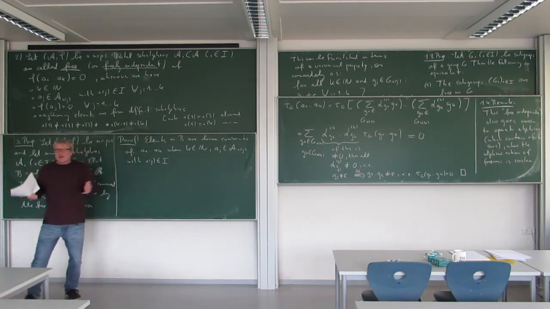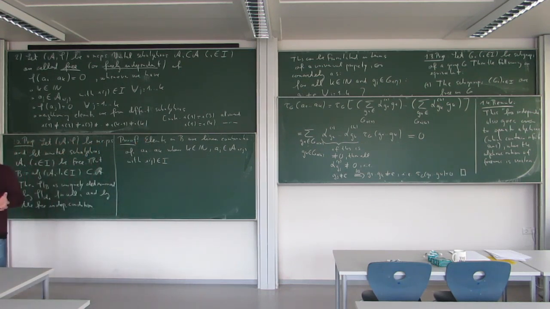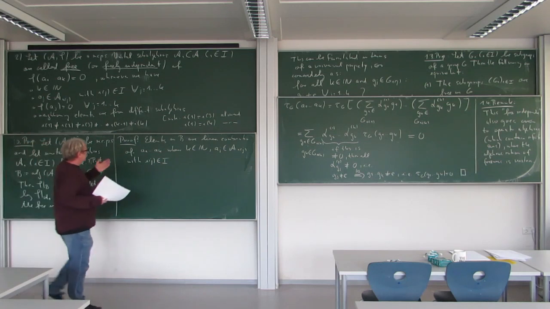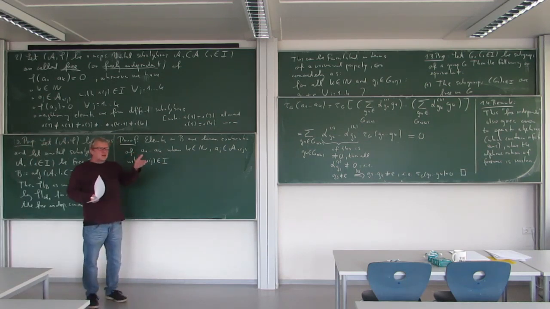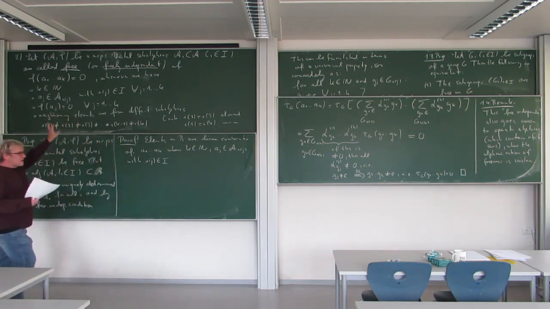And so I multiply things together until I write it in a form where neighboring elements are coming from different subalgebras. And then I'm very close to what I have here.